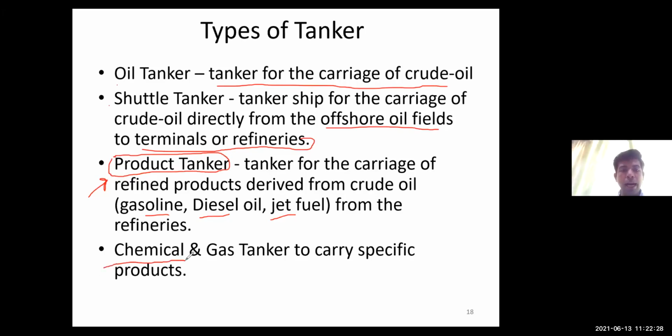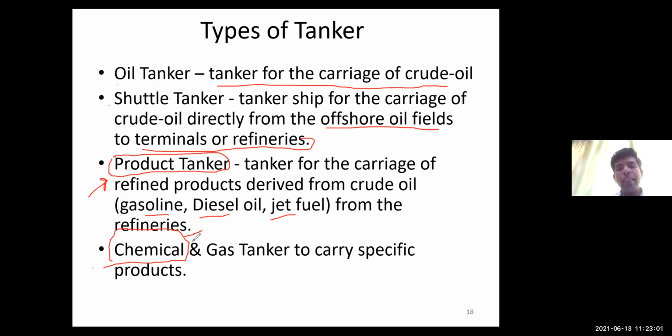Chemical and gas tanker. Chemical tankers carry ethanol, bitumen. Various chemicals it carries, your HCl, concentrated hydrochloric acid. All these types of chemicals are carried in the chemical tanker. Orange juice, gentlemen, remember, orange juice is also considered a chemical.